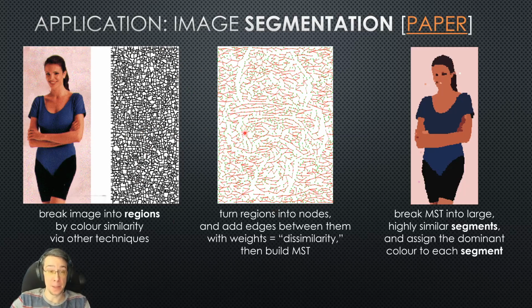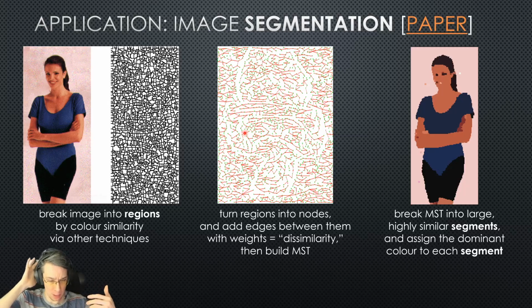And that's how you turn this bunch of regions into this graph here. And then you can connect all of the nodes in this graph by running an MST algorithm. So if you run a minimum spanning tree algorithm, what you're going to be doing is connecting all of this into one big connected component, and you're going to be picking the edges specifically that minimize the dissimilarity between these regions.